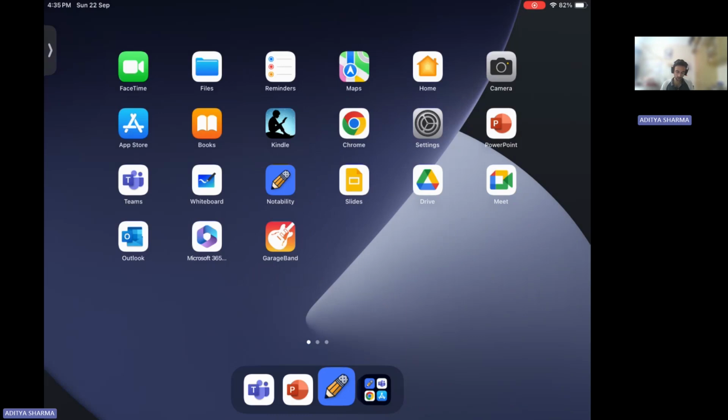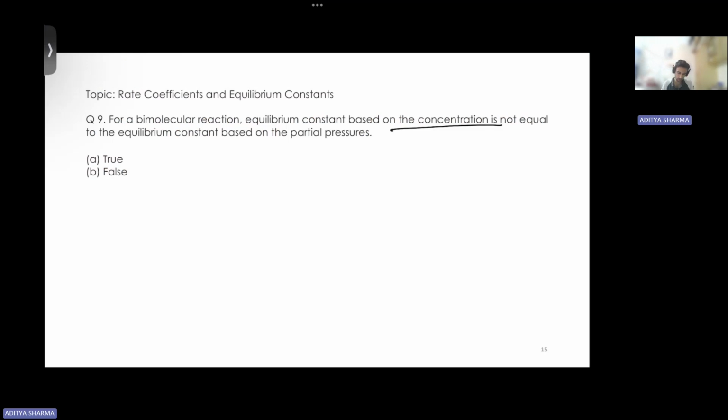Now, if you see a question stating that for a bimolecular reaction, the equilibrium constant based on concentration is not equal to the equilibrium constant based on pressure, that is not the case. Okay, that is a false statement because it is equal. Right. So then moving on to the next question.